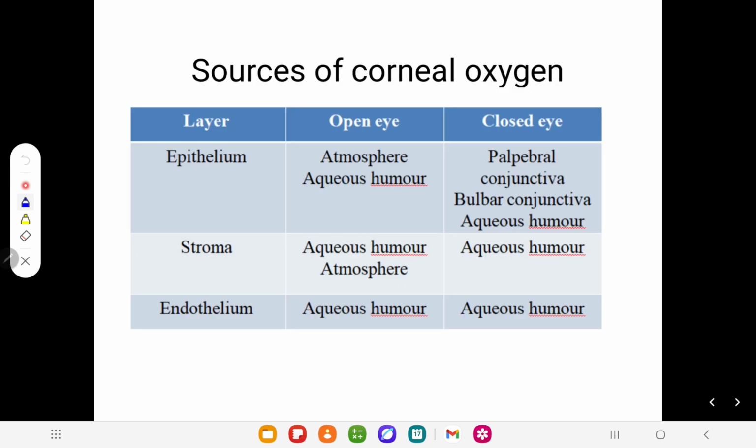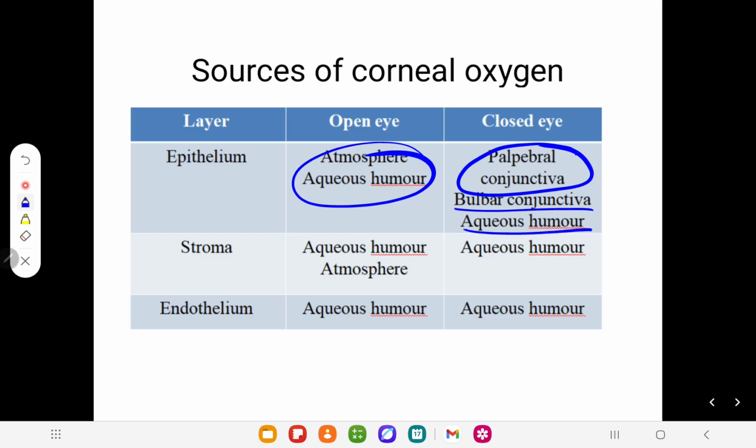Okay. The source of corneal oxygenation I have already told you. In the open eye condition, the epithelium is supplied by the atmosphere and aqueous humor, but mostly by the atmosphere. In the closed condition, always remember the palpebral conjunctiva is the first. Then definitely there is aqueous humor.